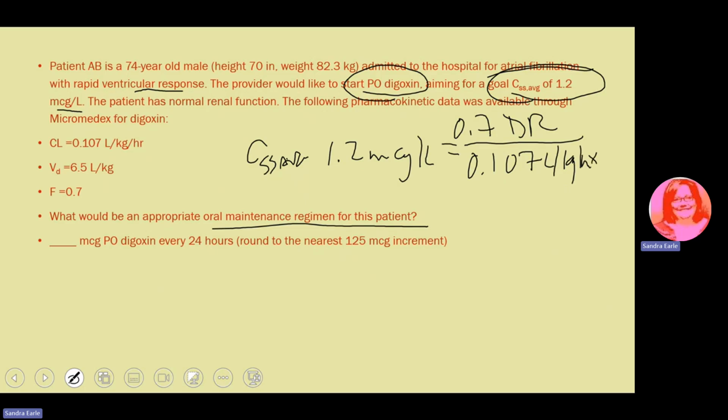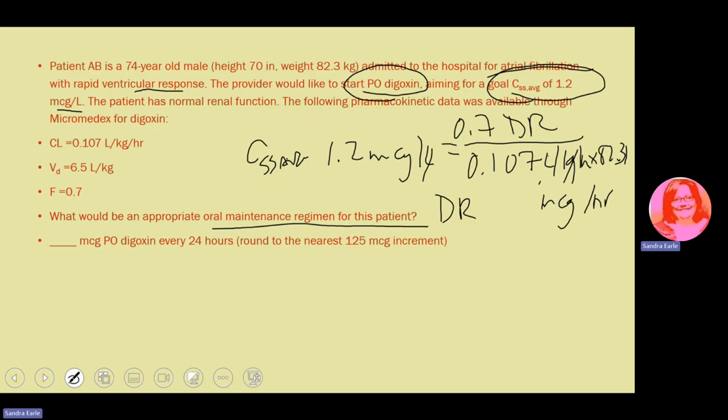And our patient weighs 82.3 kilograms. So the kilograms will cancel and we have liters per hour here. The liters will cancel and we'll end up with a dose rate that is in micrograms per hour. Micrograms per hour, right.